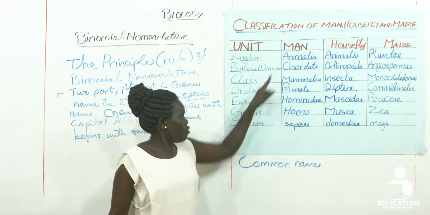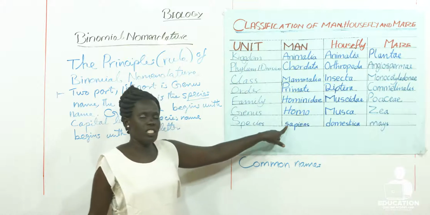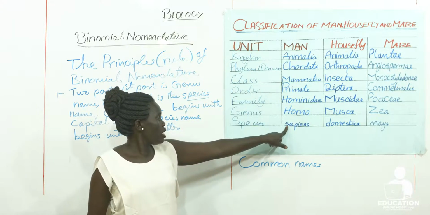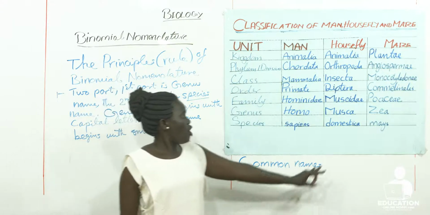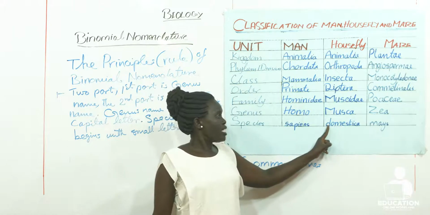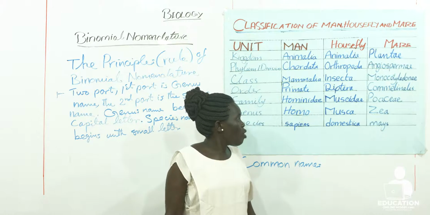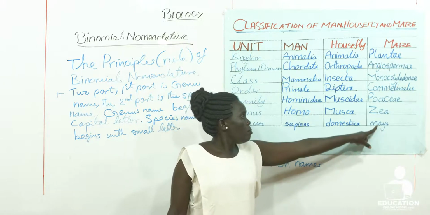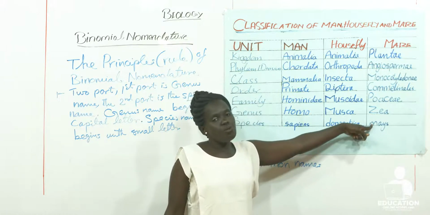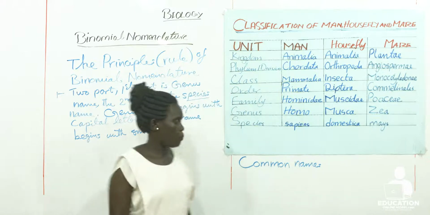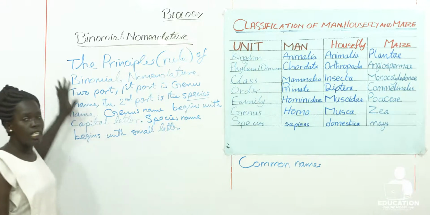The species name for man is sapiens, it starts with a small s. The species name for housefly is domestica, it starts with a small d. The species name for maize, it starts with a small m. So this is rule number 1.